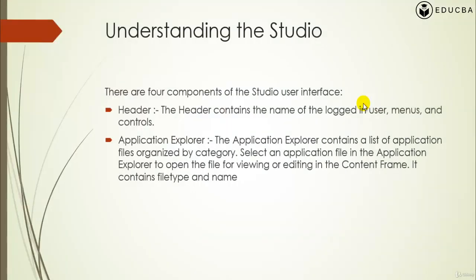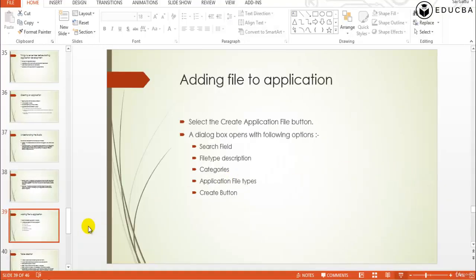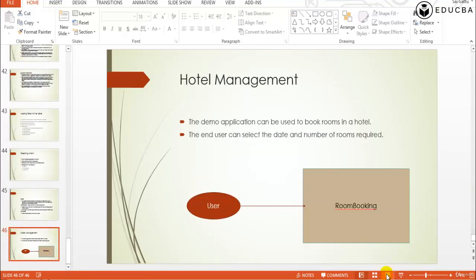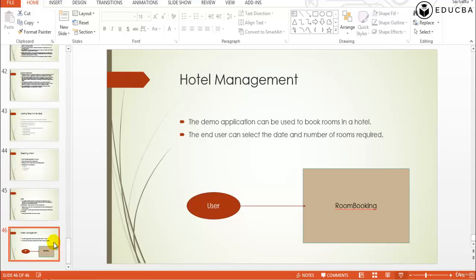So we'll do one thing before we start creating something. It's better we have an application ready. Now I've thought of explaining a demo on one of the applications. That is the hotel management, where you're going to create an application where an end user can book hotel rooms. Yes, what you heard is correct.